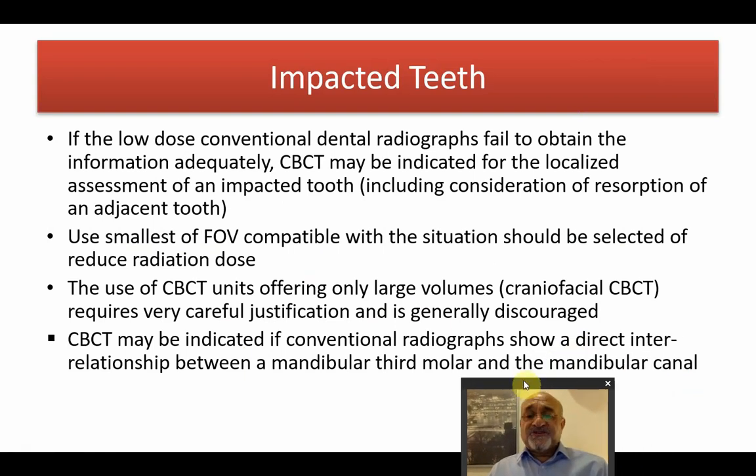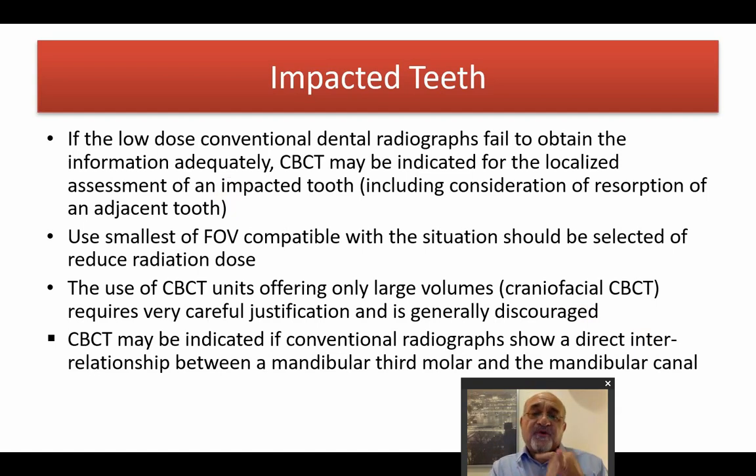In cases of impaction, if the low-dose conventional dental radiographs, the periapical, the OPG, the occlusals, fail to obtain the information adequately, then CBCT will be your next way of radiographic examination to localize and assess the impacted teeth. Of course, there is the including of the resorption of the adjacent tooth or teeth. Okay?